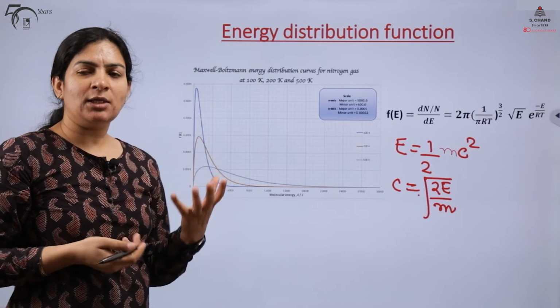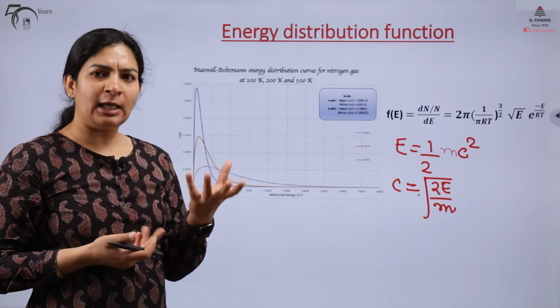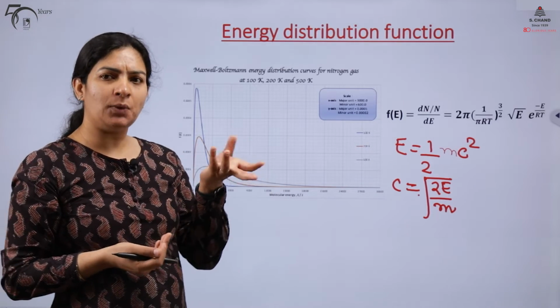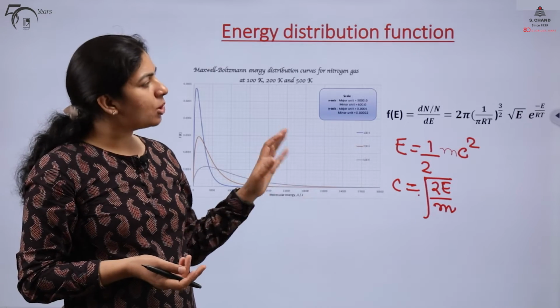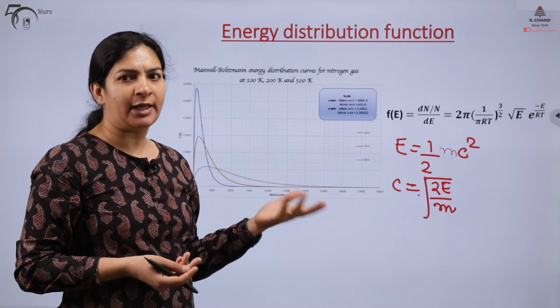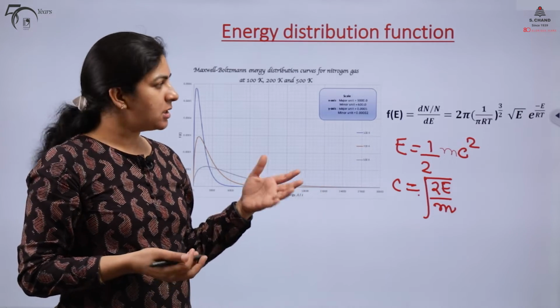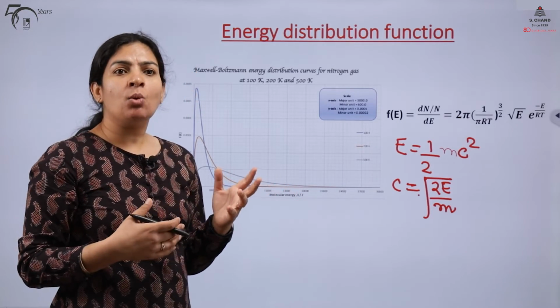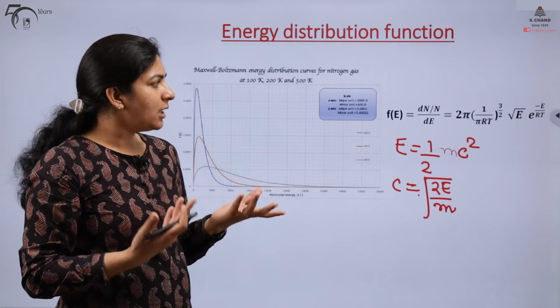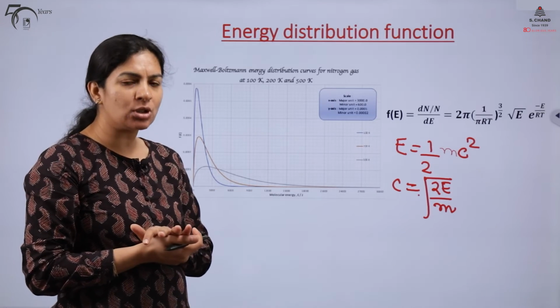What I am trying to explain is that the same distribution curve which we wrote in terms of molecular velocities can also be written in terms of kinetic energy. The distribution is similar, but the variable in which we study it is different.